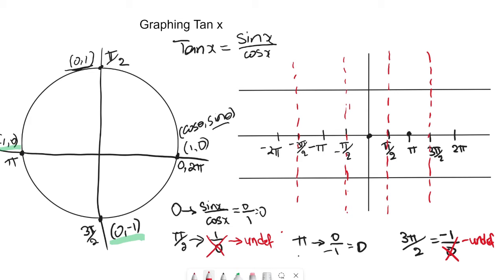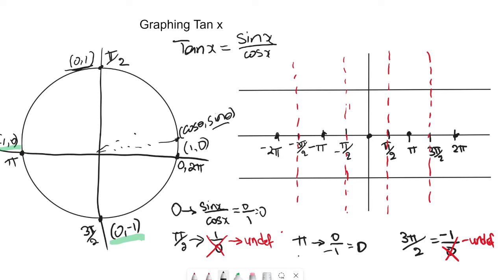Now, of course, we cannot fill these in just by looking at the unit circle. We cannot fill the points in. All we know is that the graph is supposed to go through these points in increments of pi. But if you were to fill this in, remember, even though we're at 0, we have other values on the unit circle.